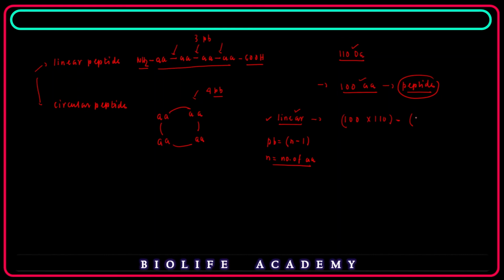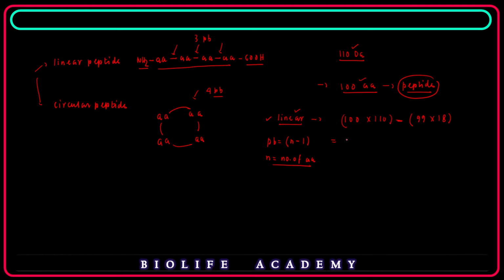So there will be 99 peptide bonds, and each peptide bond consists of 1 H2O, so into 18 Dalton. This will be subtracted from this because the water molecules are released.